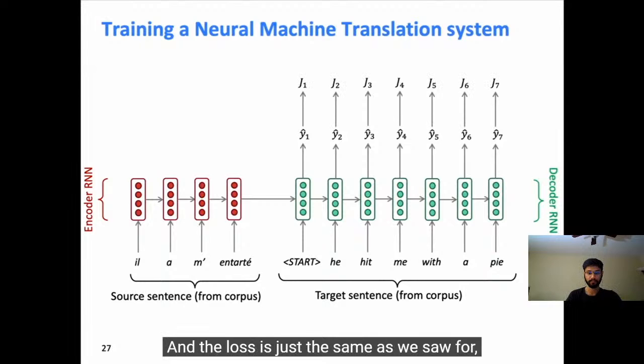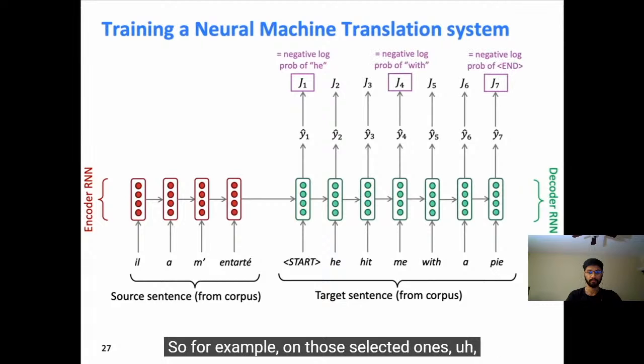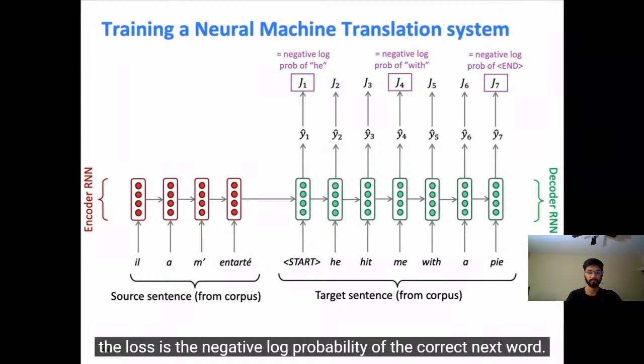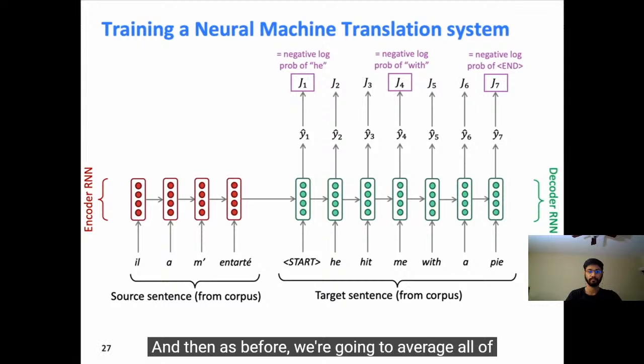The loss is the same as we saw for unconditional language models. It's the cross entropy, or negative log likelihood of the true next word. So on those selected ones, the loss is the negative log probability of the correct next word. And then as before, we average all of these losses to get the total loss for the example.